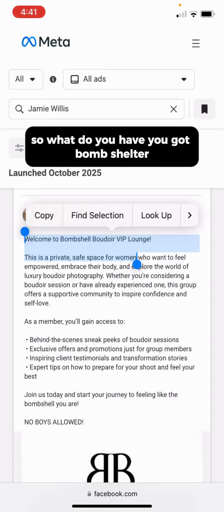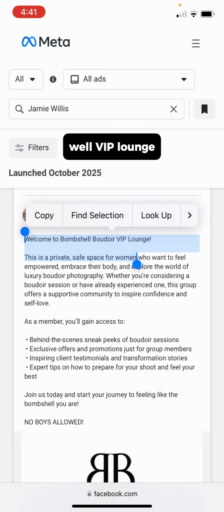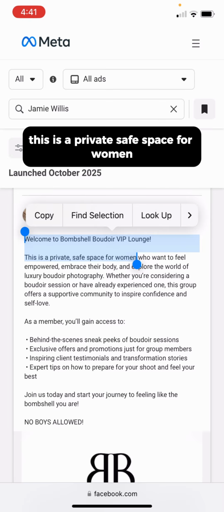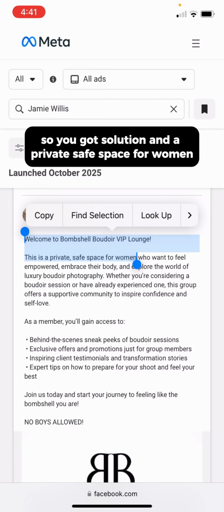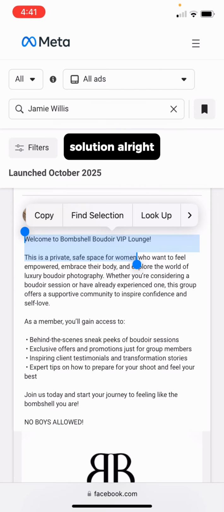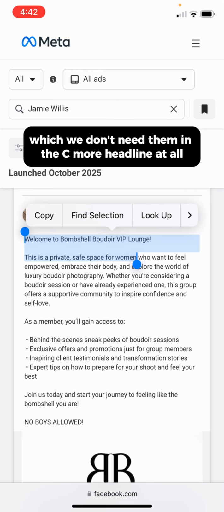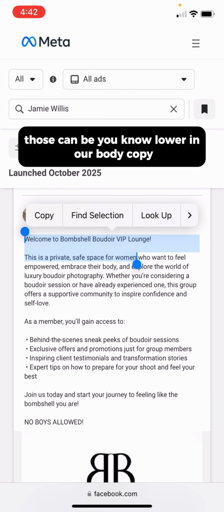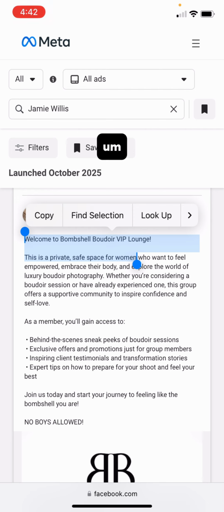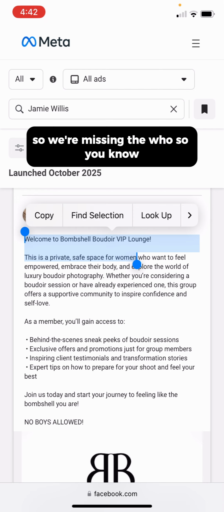You've got Bombshell Boudoir VIP Lounge. This is a private safe space for women. So you've got solution, and then private safe space for women, solution. Those are the specific attributes, which we don't need in the See More headline at all. Those can be lower in our body copy. So we're missing the who.